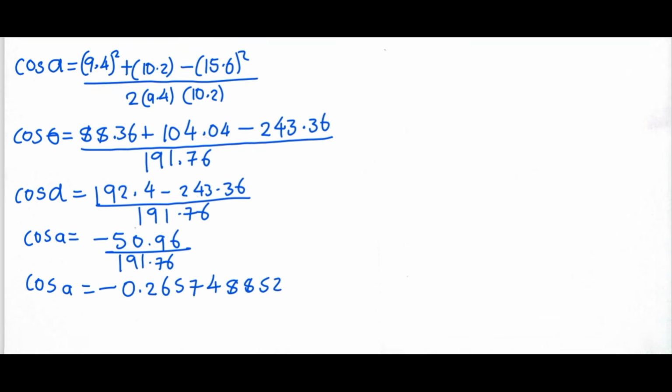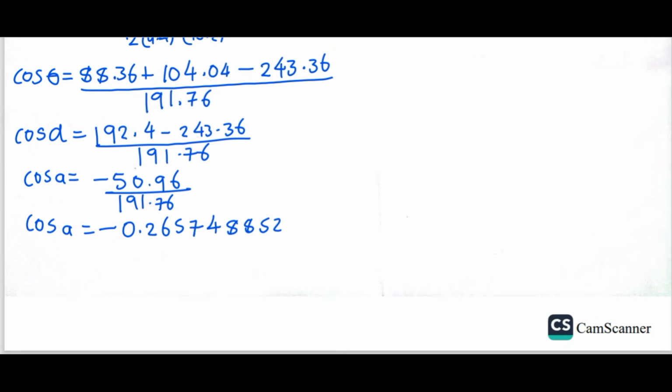Whenever you are dealing with cosine and you have a negative 0.something, just know that the angle theta will be greater than 90.